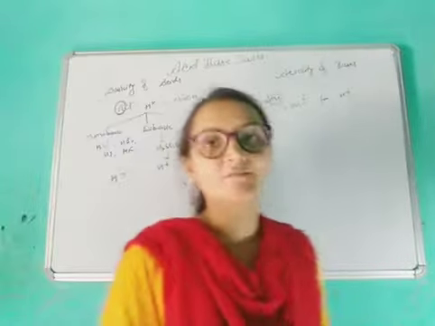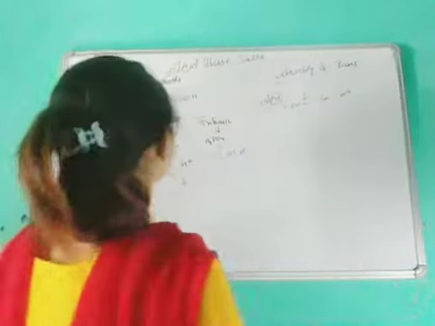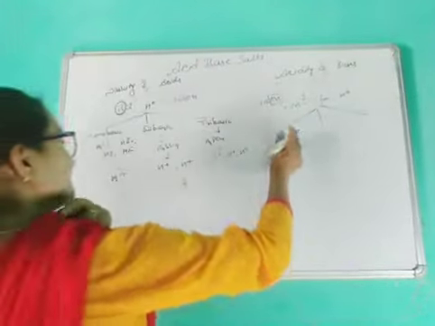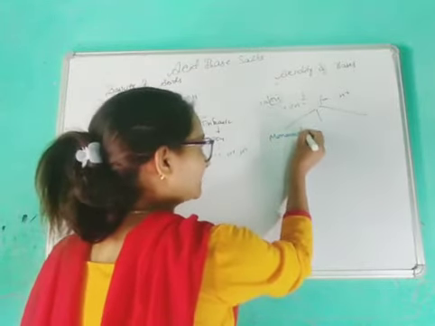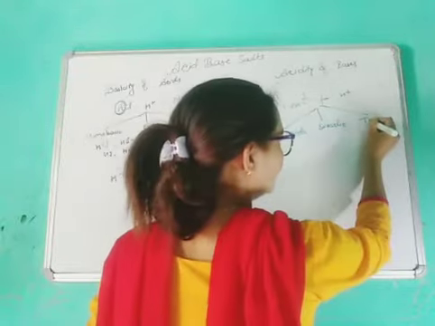Now come to acidity of bases. It is the same. Here also there are 3 conditions for acidity of bases. There will be monoacidic base, then diacidic, then triacidic.